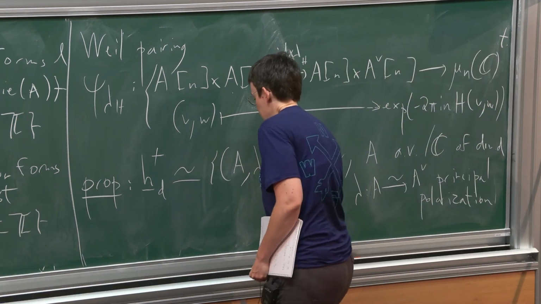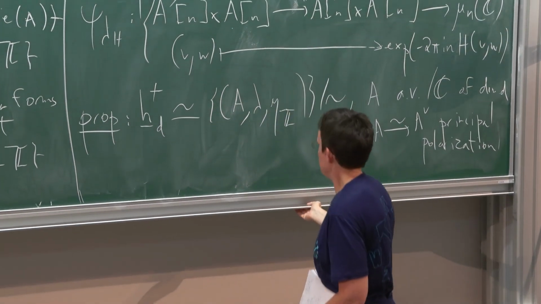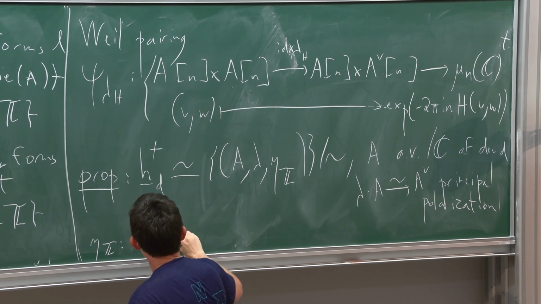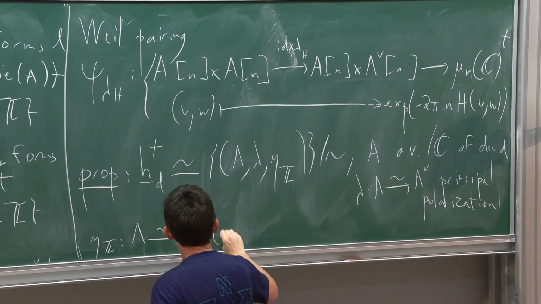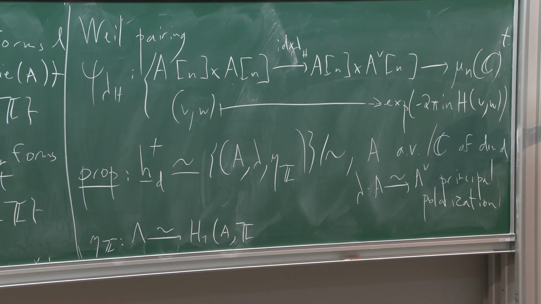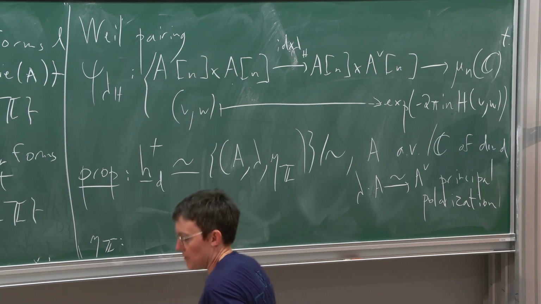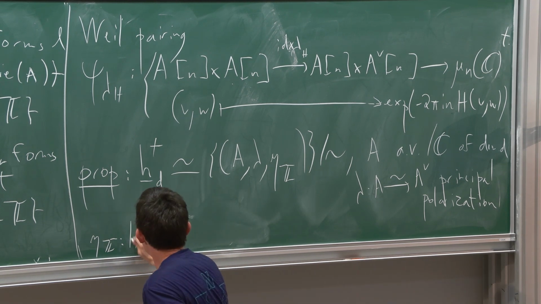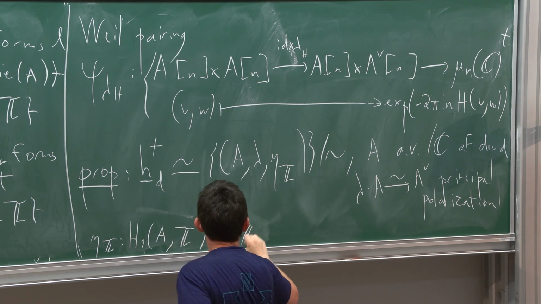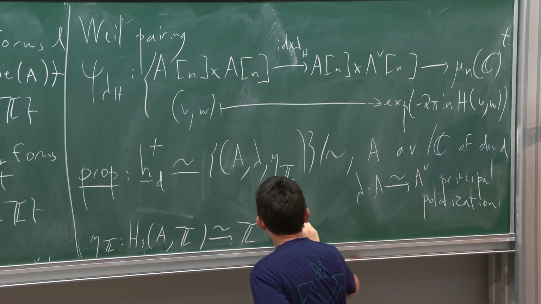And eta goes from H1(A, Z) to Z^2d and is a symplectic isomorphism.